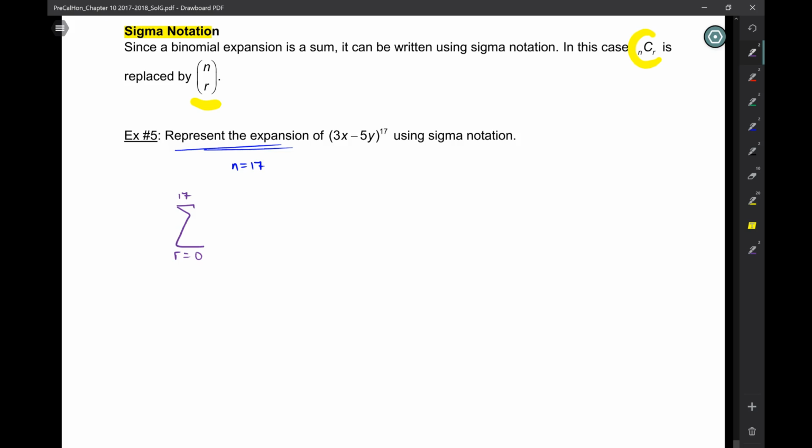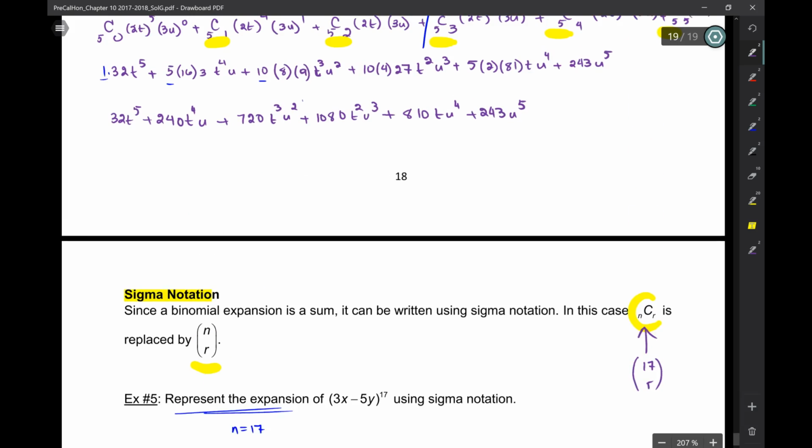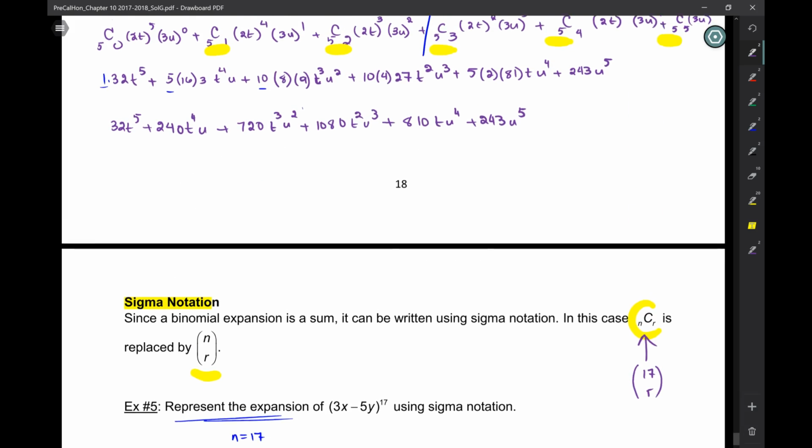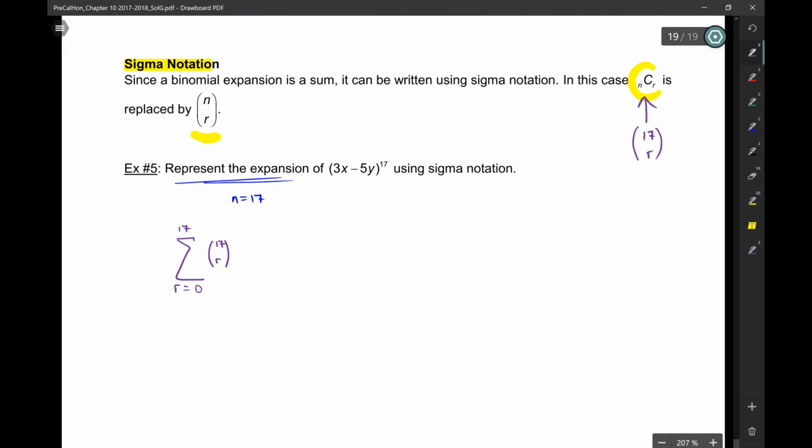Now, what's each individual term going to look like? Each individual term is going to have its coefficient, which we get with the binomial theorem, right? The combination 17 and r, right? That's the same as writing this. Okay? So that's the first part. And then what comes after? It's a to an exponent, b to an exponent.